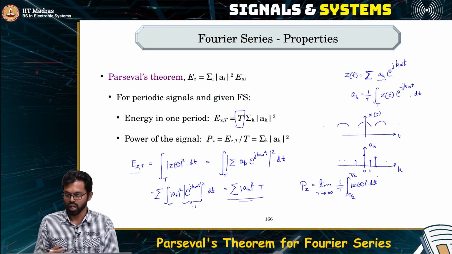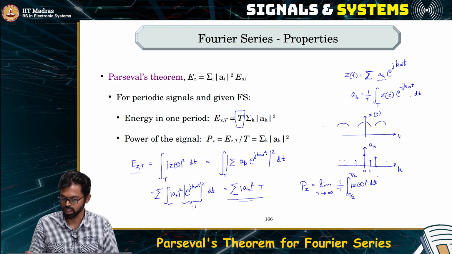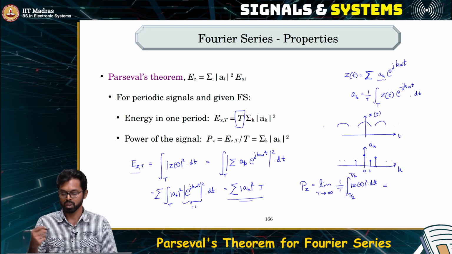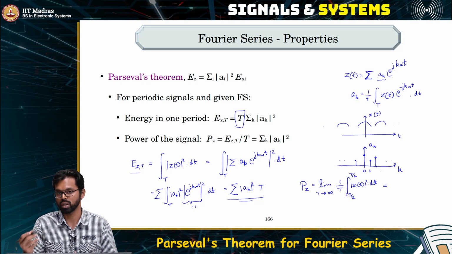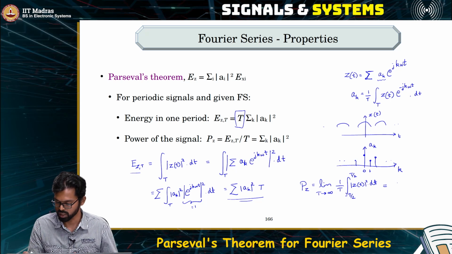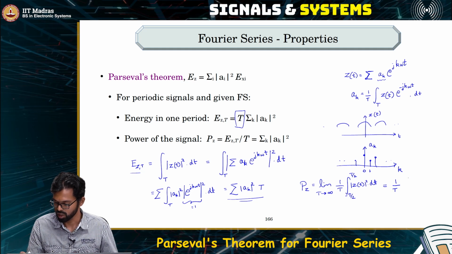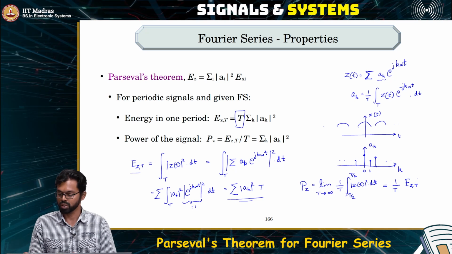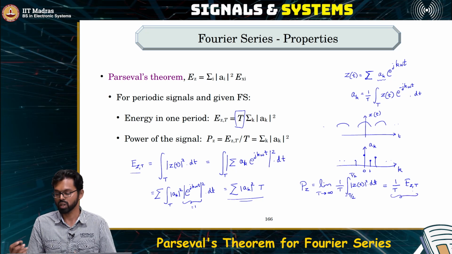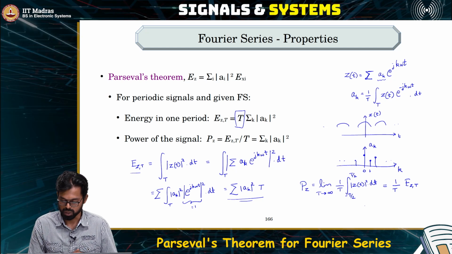Basically, you take the average energy, and the period over which you keep averaging, you keep increasing. For a periodic signal, we already proved this. You can go back and check in your older lectures. We proved that this is nothing but the average of the energy of the signal present in one period. So if you compute the energy of a periodic signal in one period and find its time average, that's exactly equal to its power.